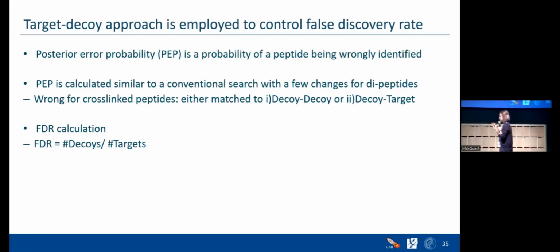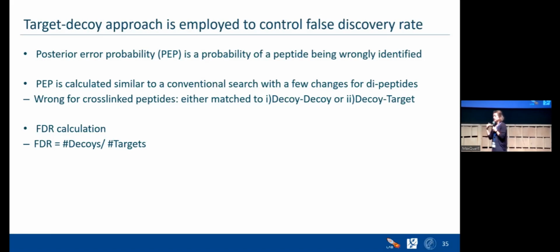Another thing is, okay, we do the PEP calculation, but at the FDR level we have decoys and we have targets. Because we have two peptides, they might come from two decoys, but it's possible that one peptide is a target and the other peptide is a decoy.